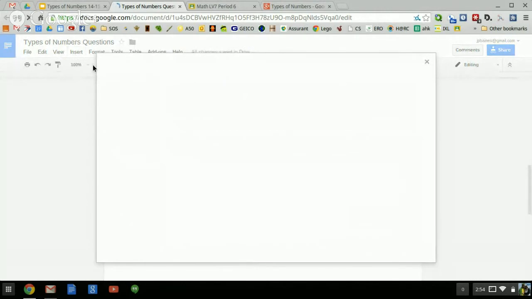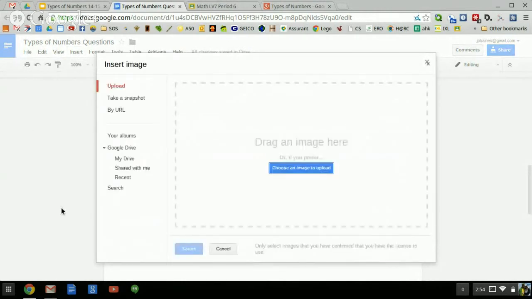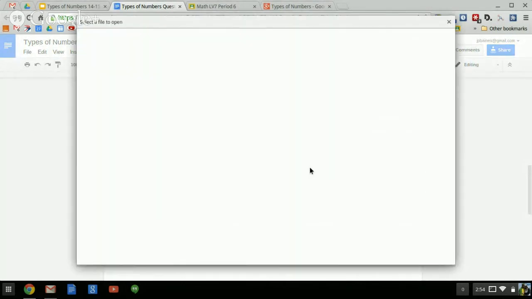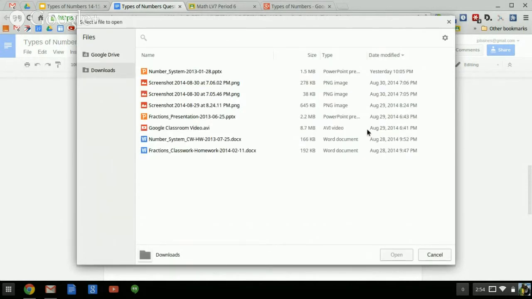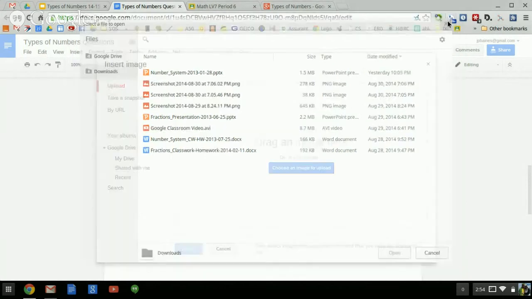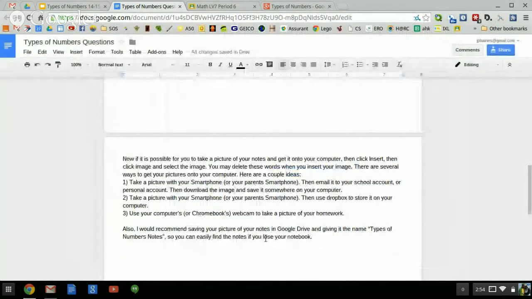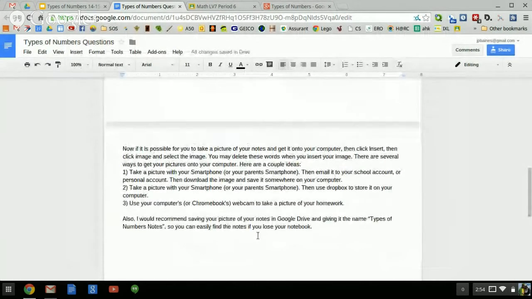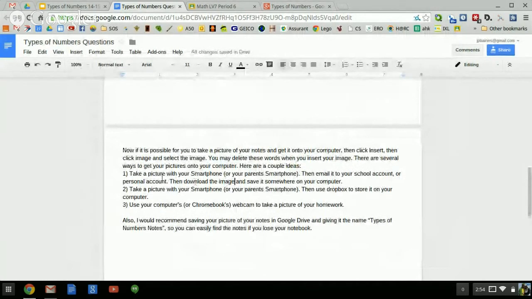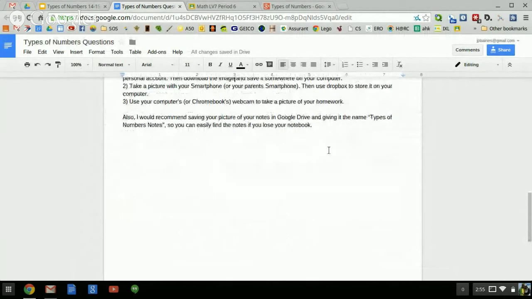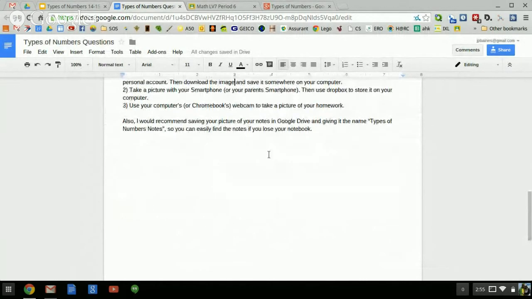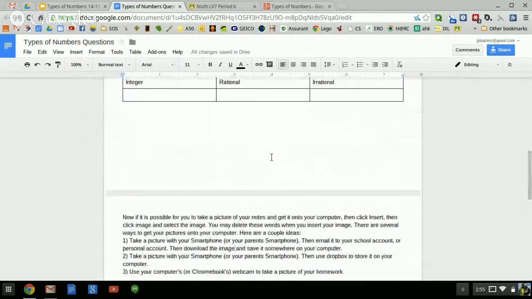You can choose an image to upload, and once you find it, double click it, and it should be on this page. There are lots of different ways you can take a picture and put it on there. Then after that you can delete all these words.